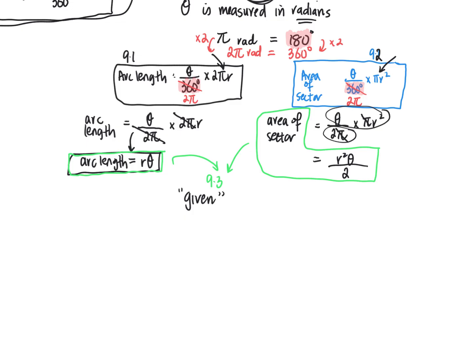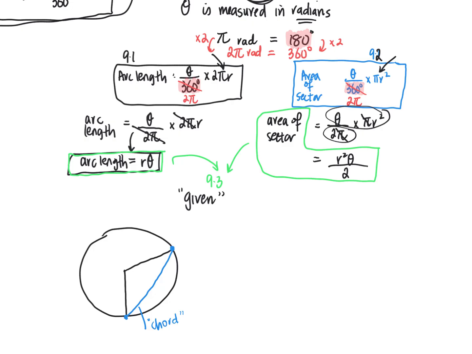Then the last one, 9.4. They realized that there's another way we can divide the circle. So they say if you join these 2 points up, this special blue line has a special name. They call it your chord.